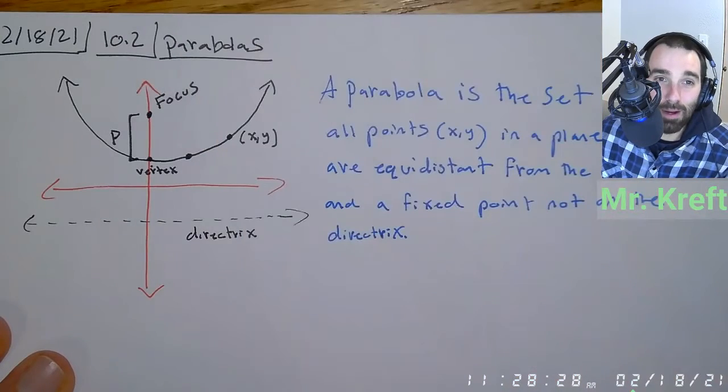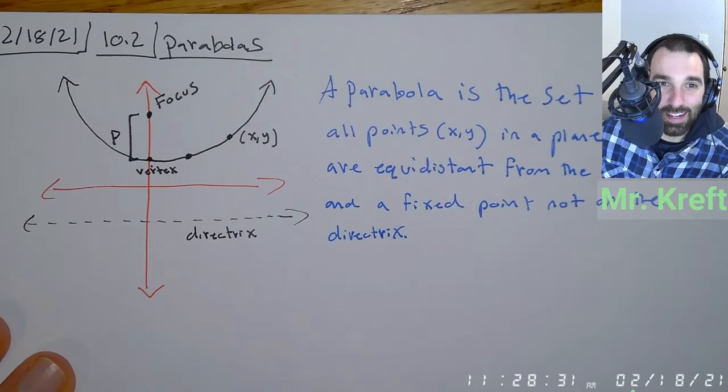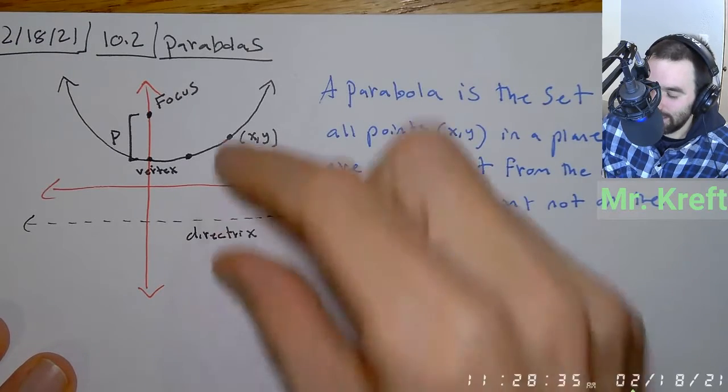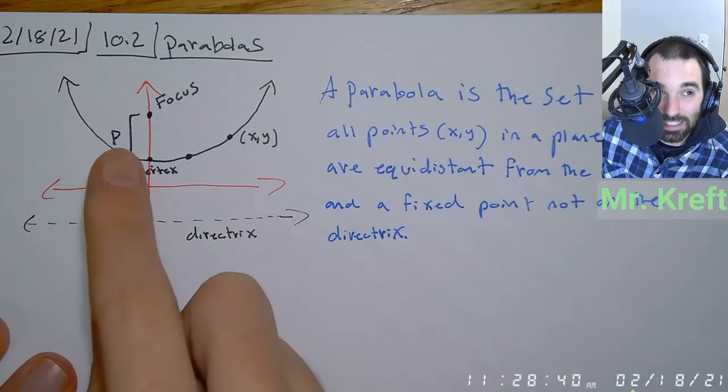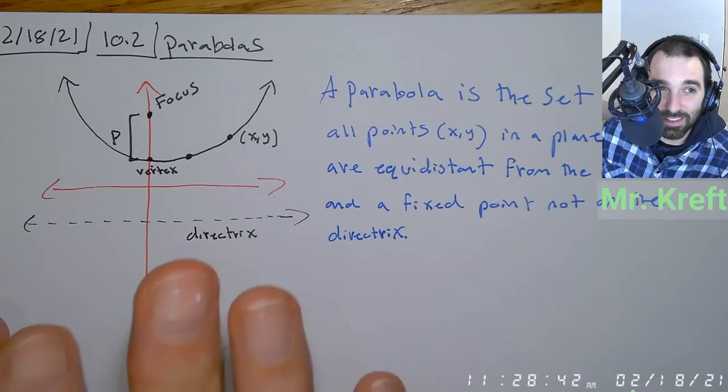Now, I'm about to write something down, and if you just write it down, you're going to be so confused. So I want you guys to know that this distance right here is P. You guys okay with that?